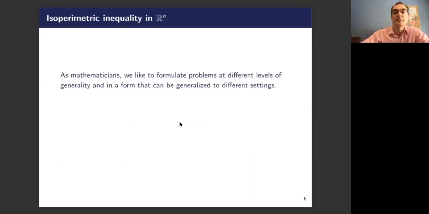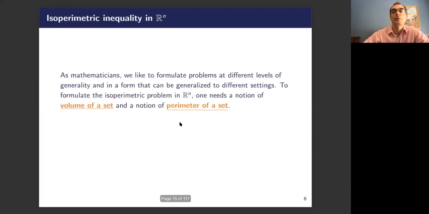So of course, as mathematicians, we like to formulate problems at different levels of generality and in a form that can be generalized to different settings. So for the isoperimetric problem, if we want to state it in R^n, one needs fundamentally two notions.